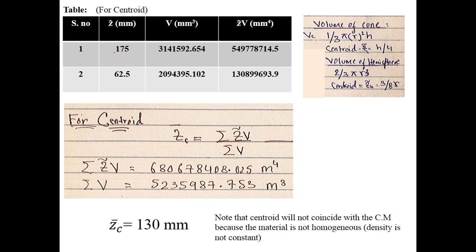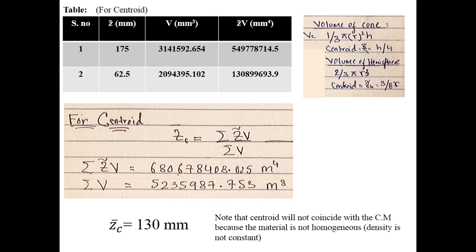So you have to multiply this value with this value and enter into this column, then multiply this value with this value and enter into this column, and then according to this formulation you have to calculate the summation of this product z tilde v.